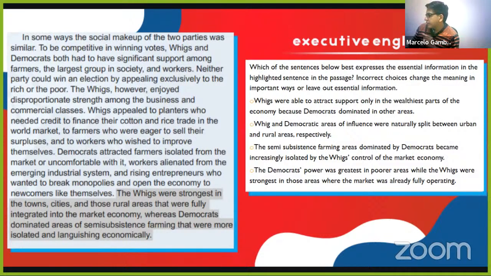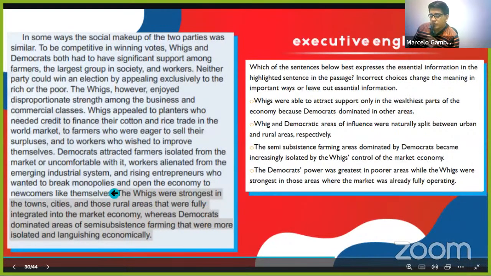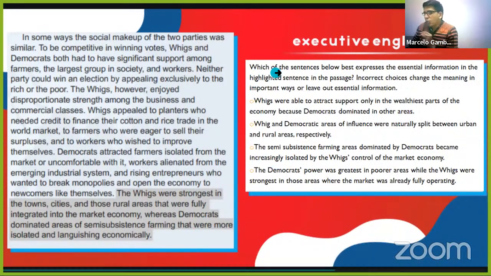Okay, so here where we have this highlighted part, we have this question. Which of the sentences below best expresses the essential information in the highlighted sentence in the passage? A: Whigs were able to attract support only in the wealthiest parts of the economy because Democrats dominated in other areas.